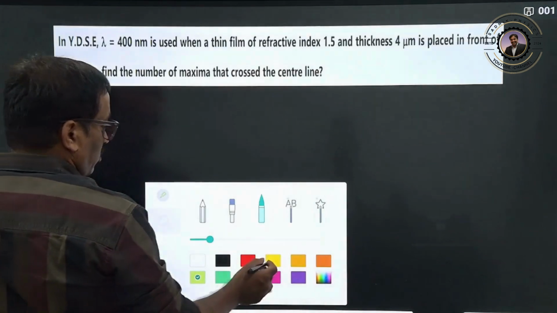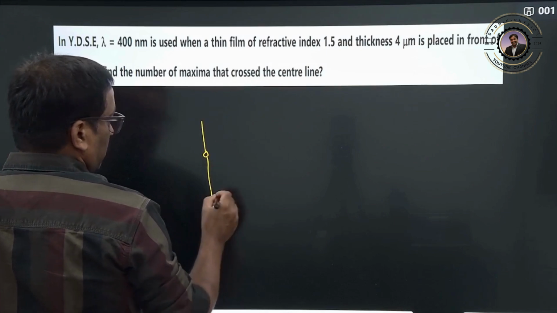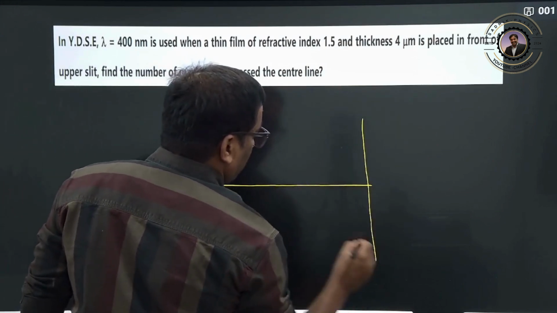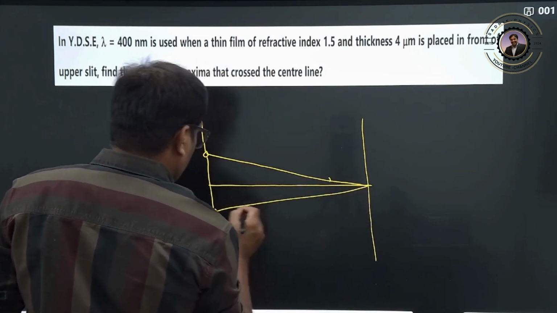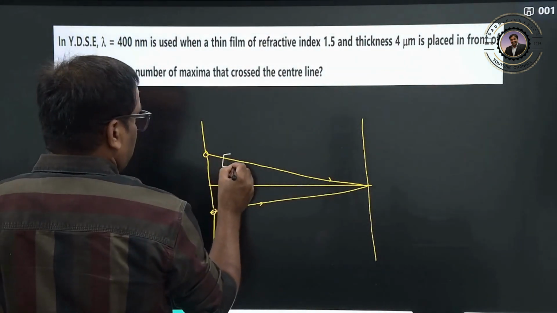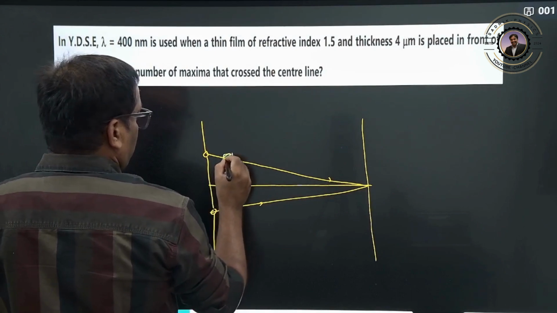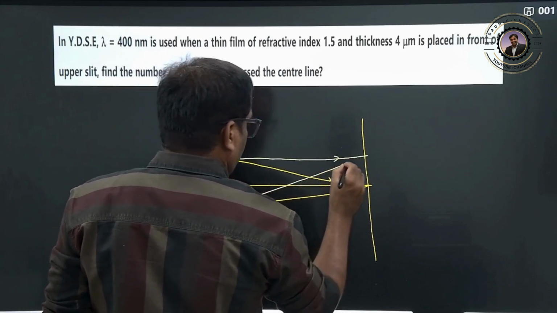See, that is what I told you, this is one. Now he inserted the film here, so then the pattern will shift to somewhere here.